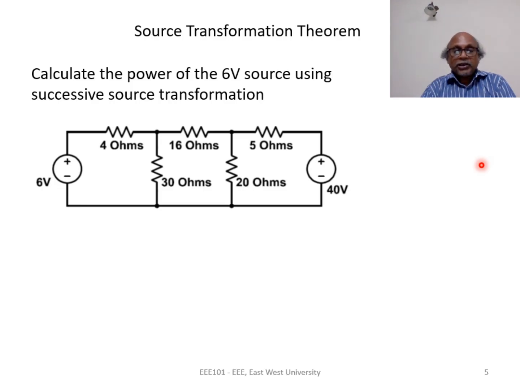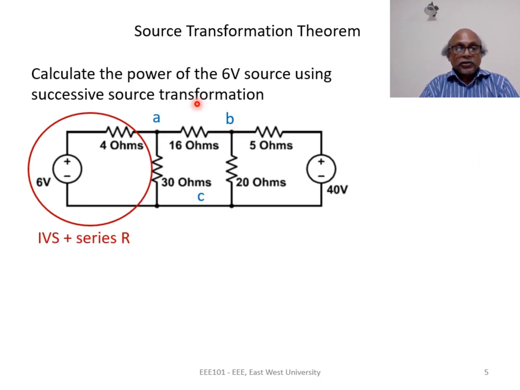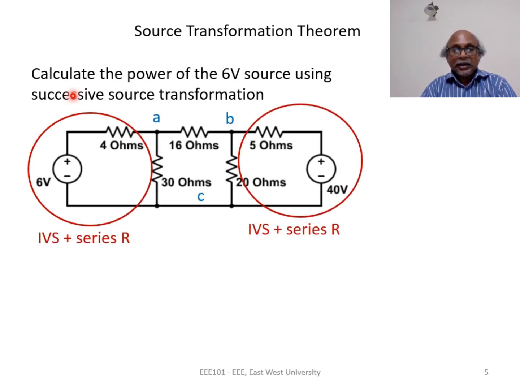Source transformation can be applied when we have a voltage source in series or a current source in parallel with a resistance. In this case, we have two voltage sources and both have series resistances. This is one case and this is the other case.